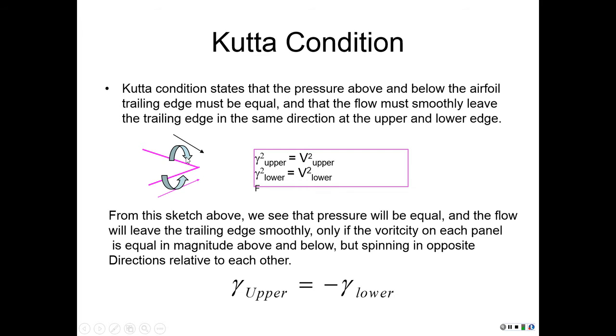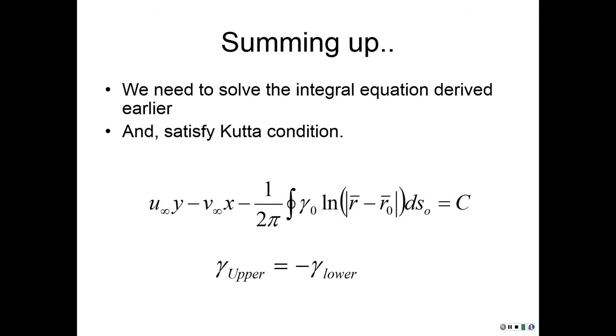This is spinning clockwise, negative. This is spinning counterclockwise, positive. So they should be equal in magnitude, opposite in sign. Negative value, positive value, put the minus sign. So this is called the Kutta condition. So we use this equation plus the Kutta condition to solve for our unknown gamma naught and also our constant C.